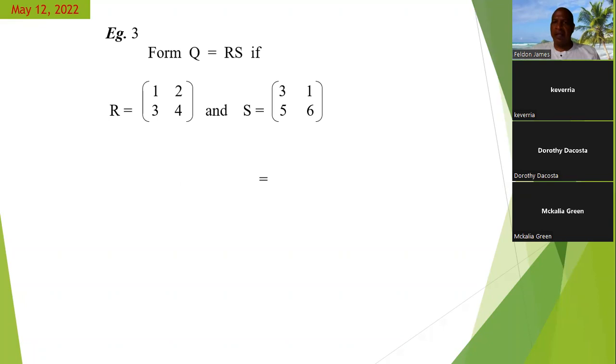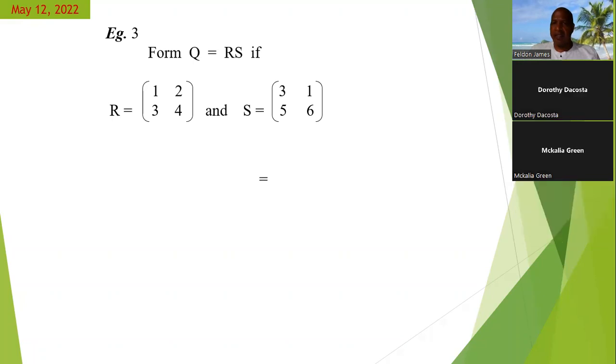When we find the number of rows by the number of columns, we refer to that as the order of the matrix, all right? So in other words, we have to check to see if the order of the two matrices, the condition in terms of the two orders would be what? Anybody? Miss Green?